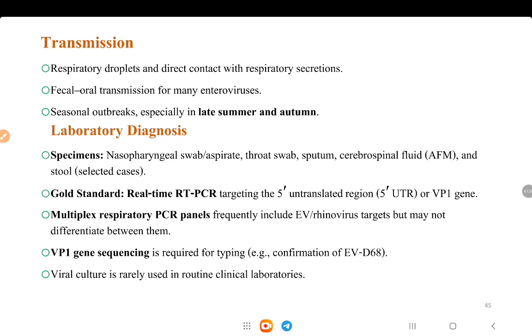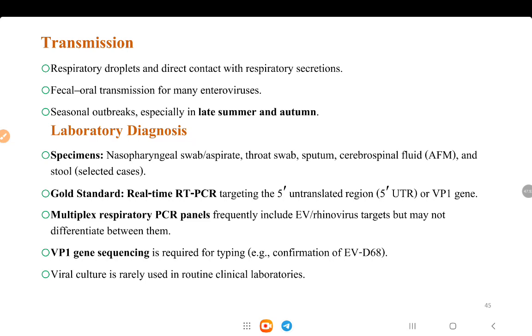route. Real-time PCR is the gold standard for the diagnosis. We can use multiplex PCR panels to target the different viruses.